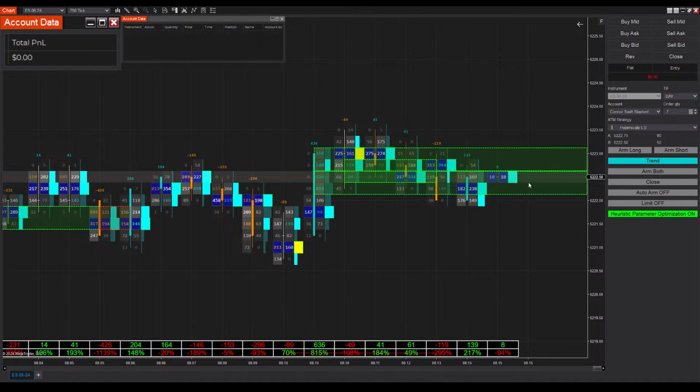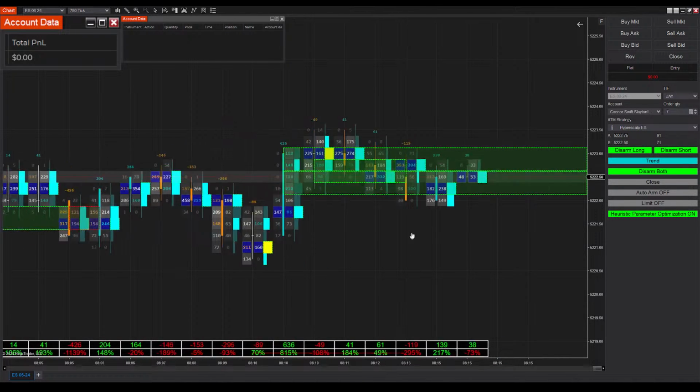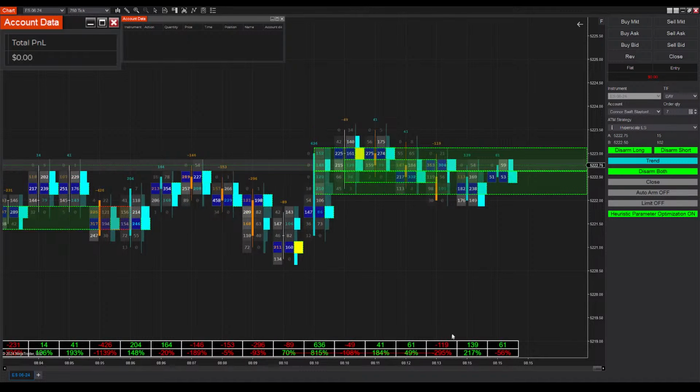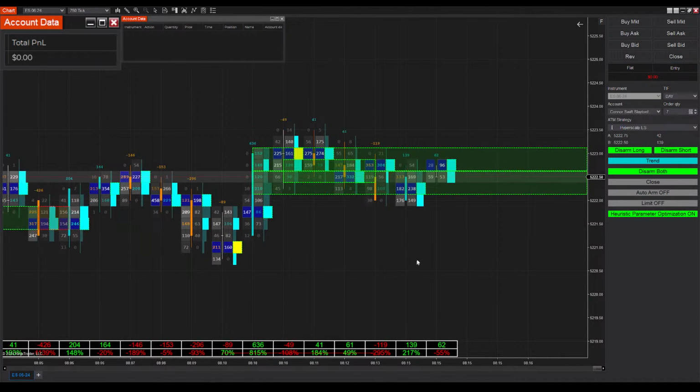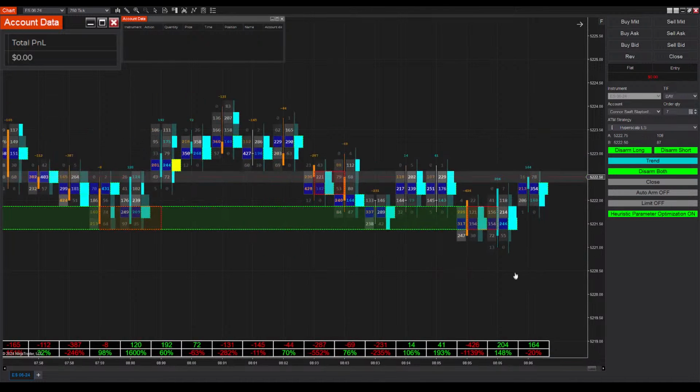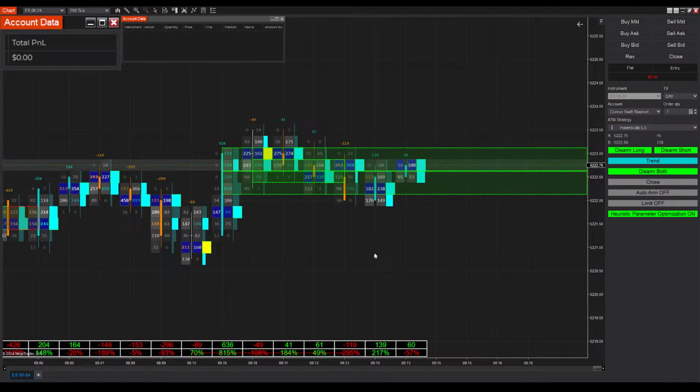We're going to be arming it in both directions today to start out the day here. We're going to be doing so today in trend mode only. We're not going to be switching modes.